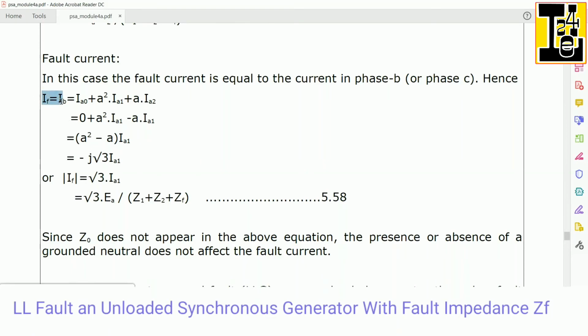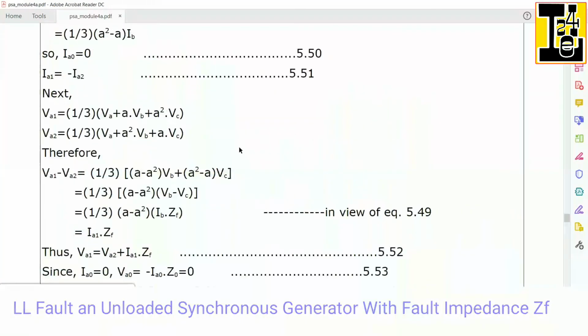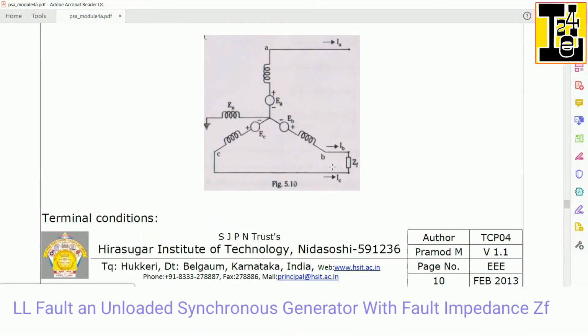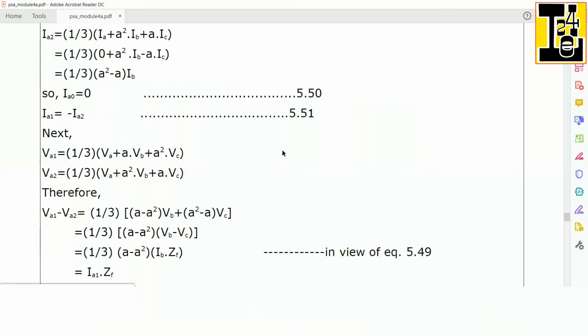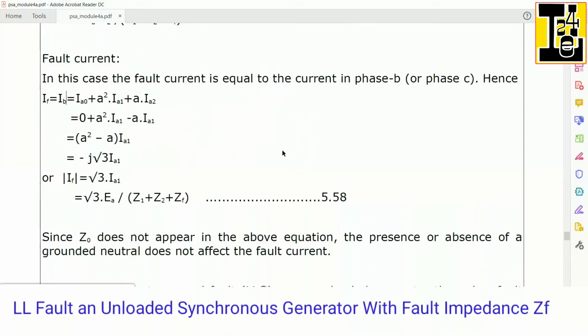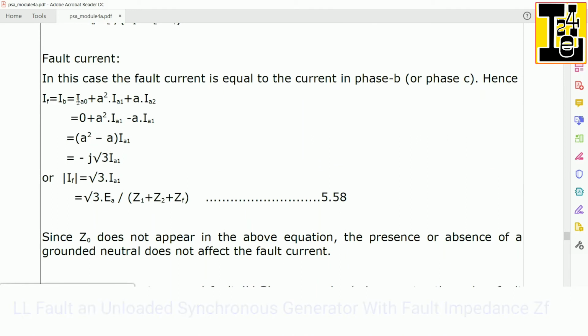Finally, finding the fault current. We know that IF is either IB or IC. By observing this figure, you can see here that the fault current is either IB or IC. You can take any one. So I will take IB here.